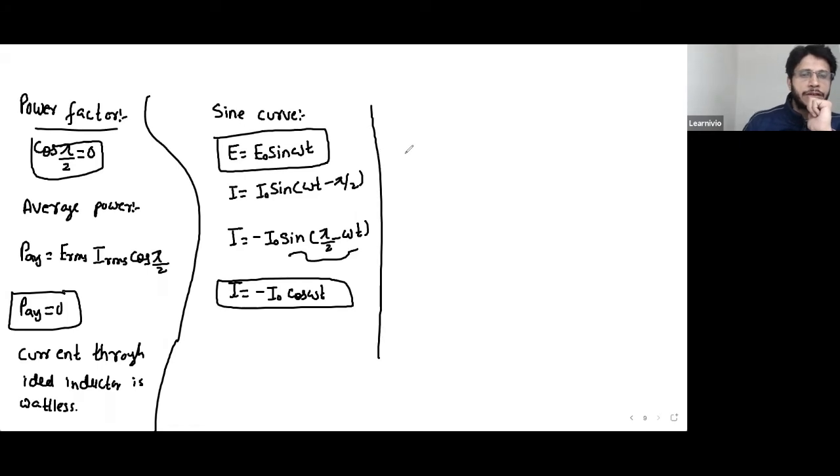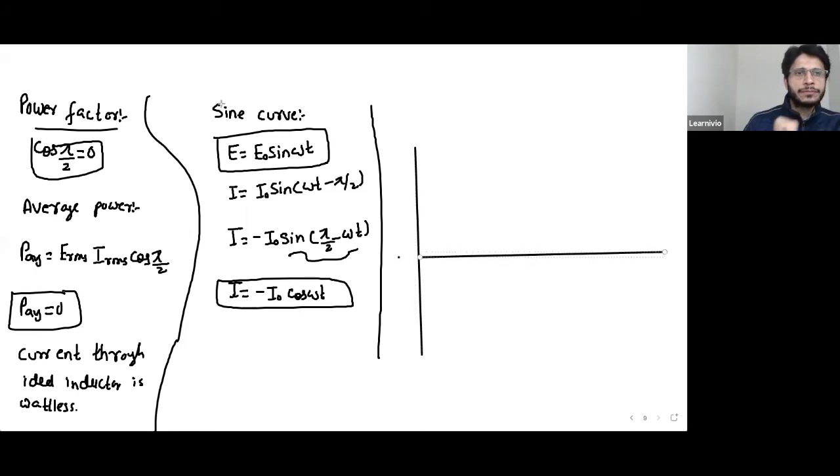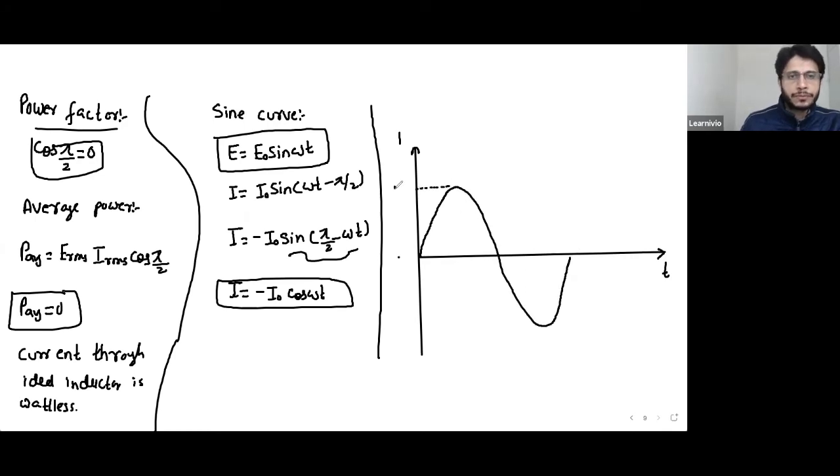So if I draw the curves, for EMF, I will use the usual sine graph. This is time. This is the graph for EMF. This is the peak value, E naught. But if I draw the same thing for current, then current depends upon cos with a negative sign.